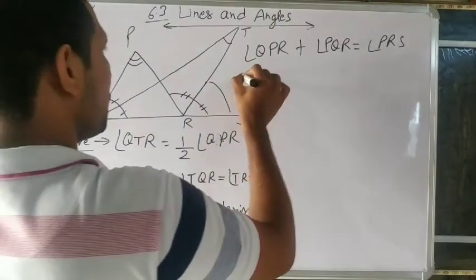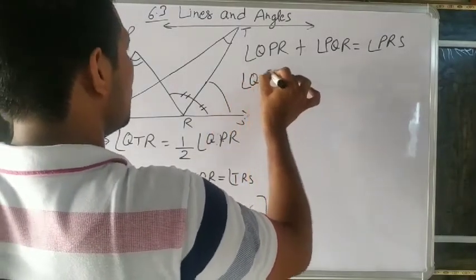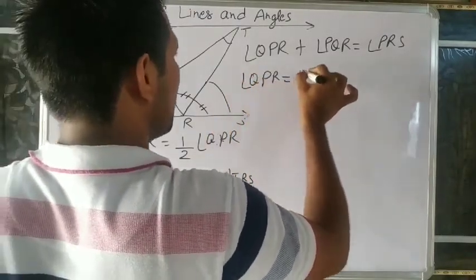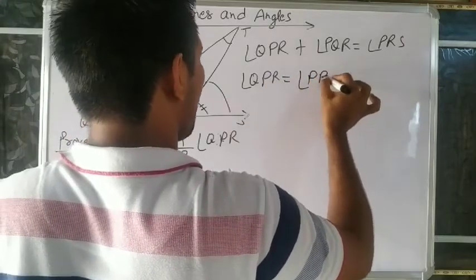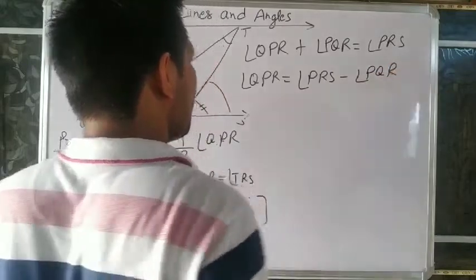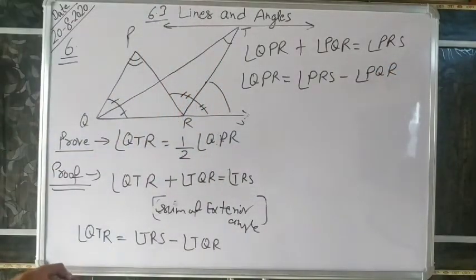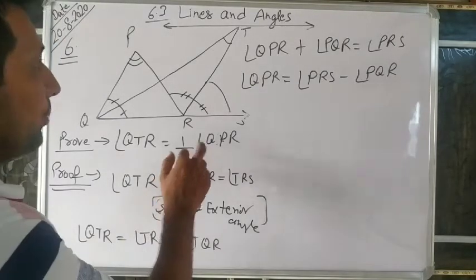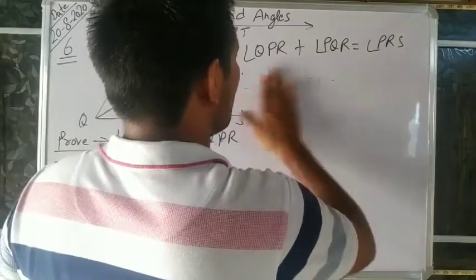Next, to find angle QPR: angle QPR equals angle PRS minus angle PQR. We need QPR and this one, otherwise you cannot add this one.